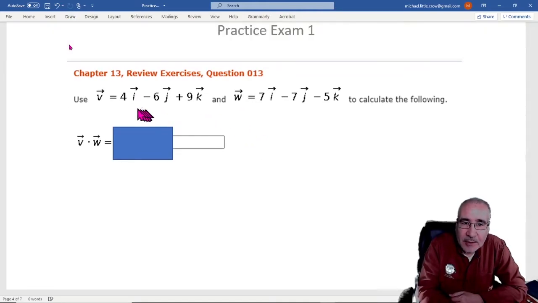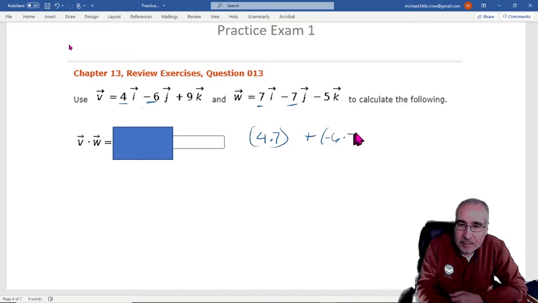So we're going to take 4 times 7. We're going to add to that negative 6 times negative 7. And we're going to add to that 9 times negative 5. So that's 28.